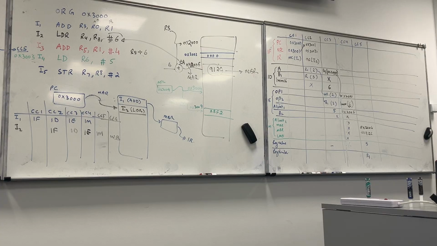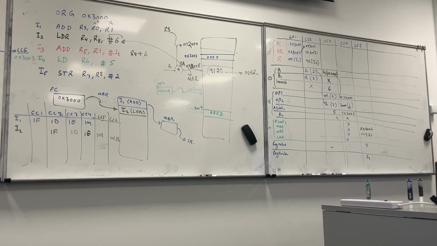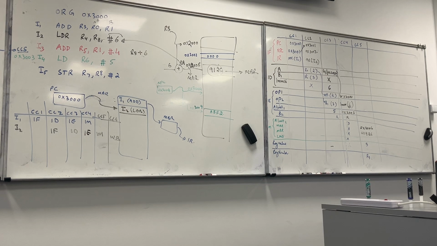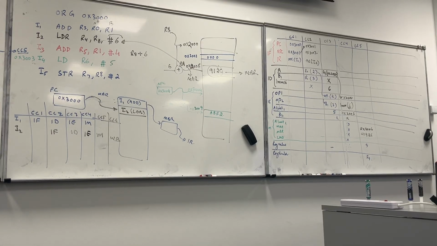Professor, for the second instruction, the operand we put for 0x2000, is this the address or the content? Which one? Operand 1. It is operand 1. It's the content of the register.